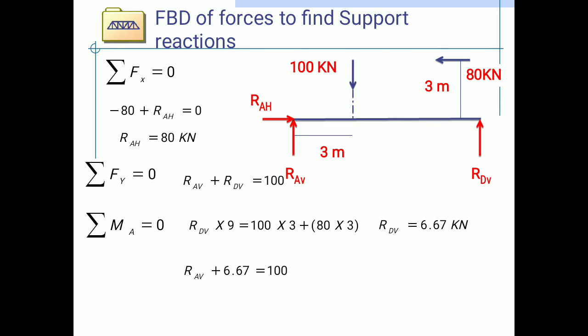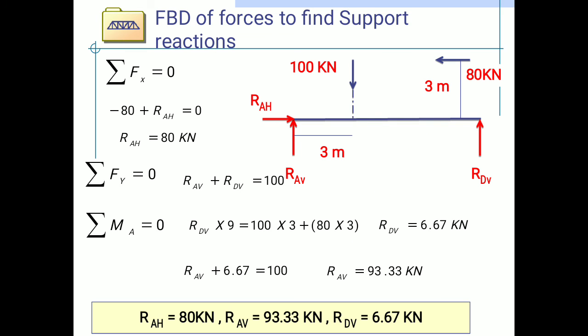Putting the value of RDV in equation number 2, we get the value of RAV, which is 93.33 kilonewton. The final reactions of this truss are RAH 80 kilonewton, RAV 93.33 kilonewton and RDV 6.67 kilonewton.